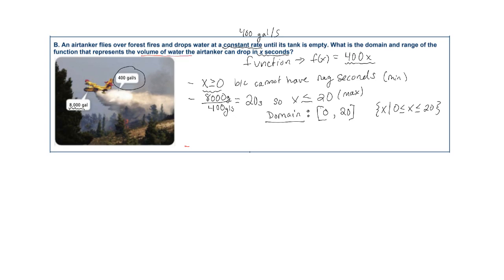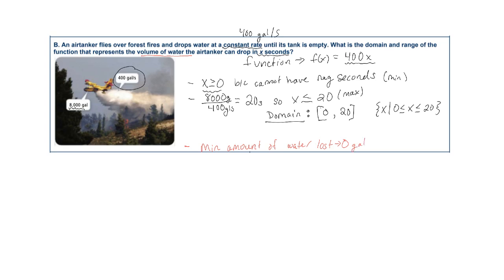So the amount we can lose: the minimum amount of water lost is 0 gallons.